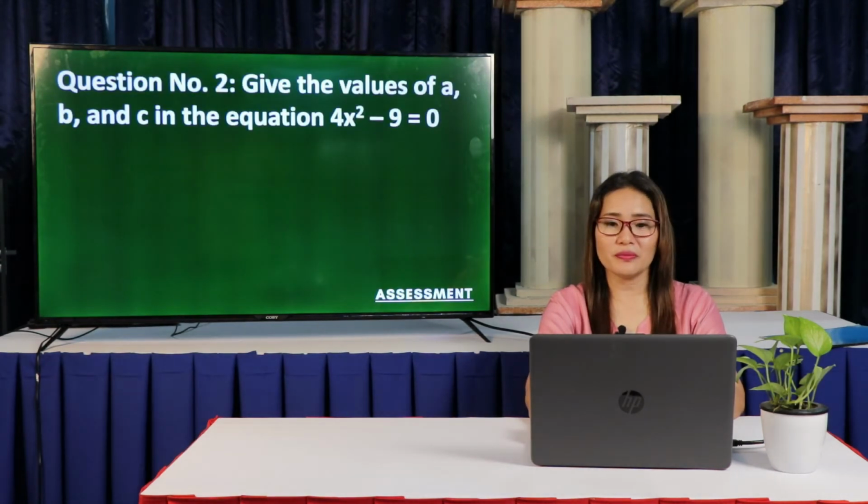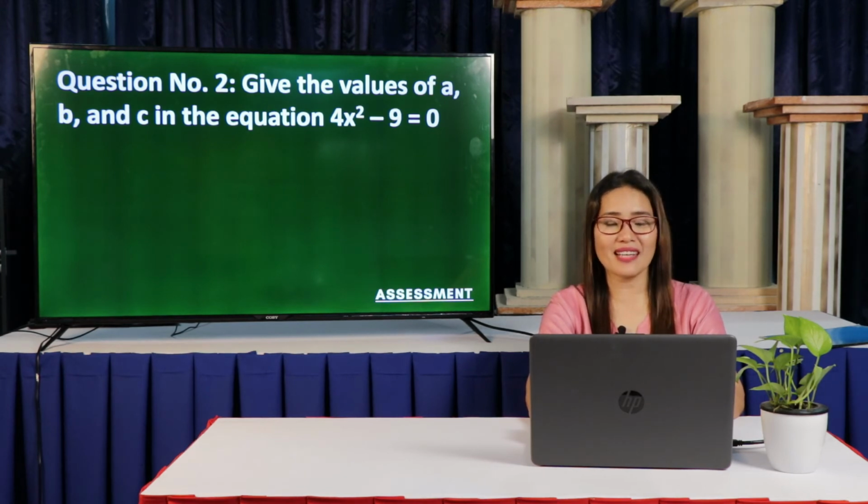Question number 2. Give the values of a, b, and c in the equation 4x squared minus 9 equals 0.